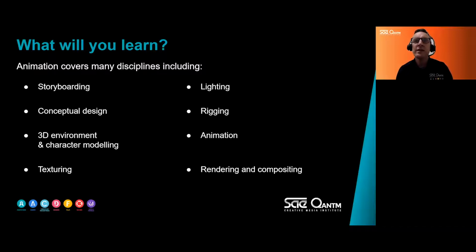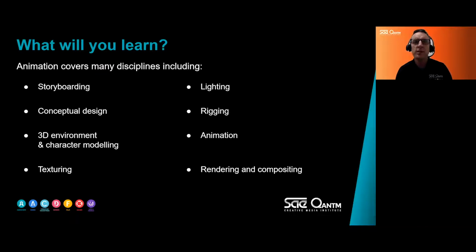Then of course you've got to put it all together. Just like a film director, you have a film set in front of you. You'll place cameras and lights in strategic positions. And then of course you need to breathe life into your character, hence we need to animate the character.